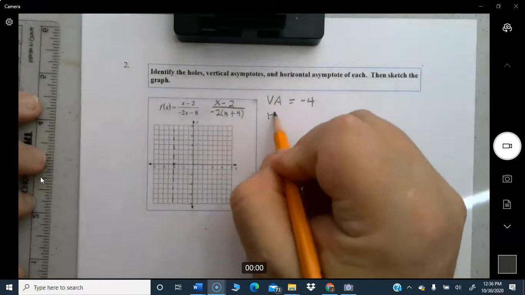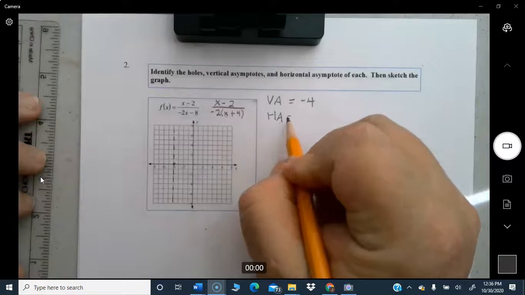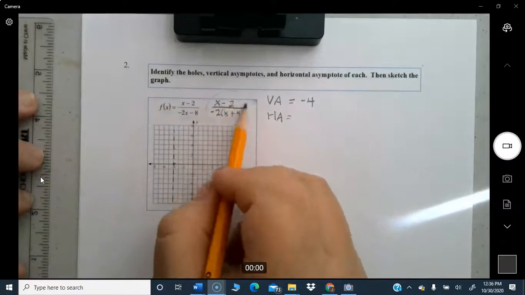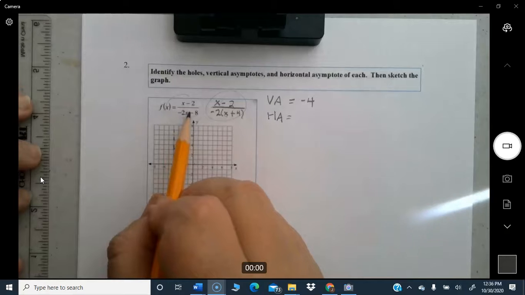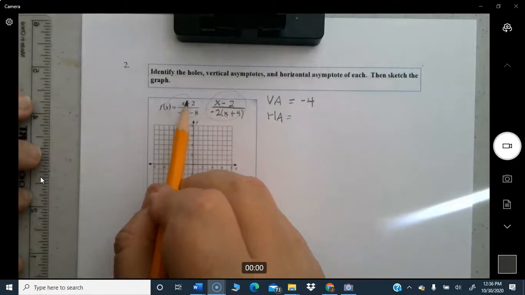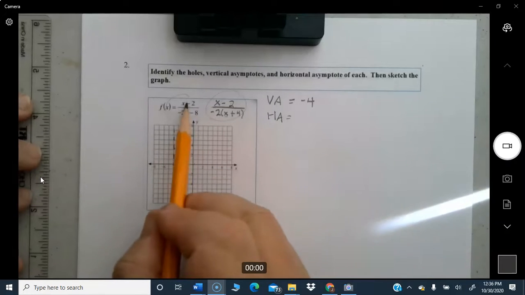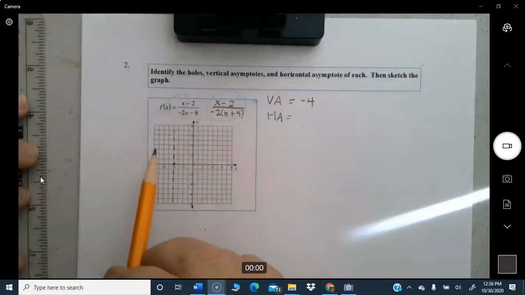Horizontal asymptote. Now you have to go back. For vertical, you used this one; for horizontal, you use this one. What is the power? Which one has the greater power, the one on the top or the one on the bottom? Well, this is x to the first, and this is x to the first.